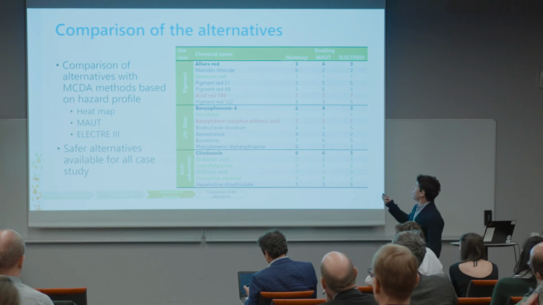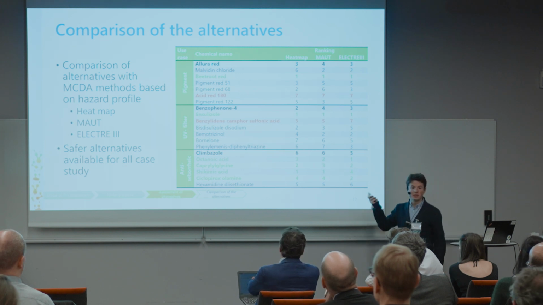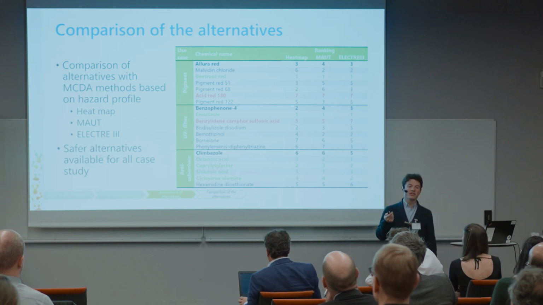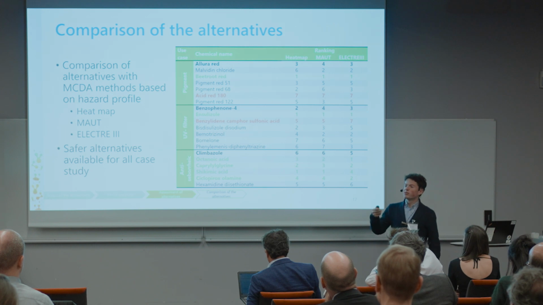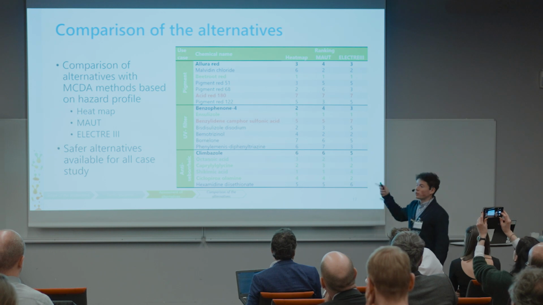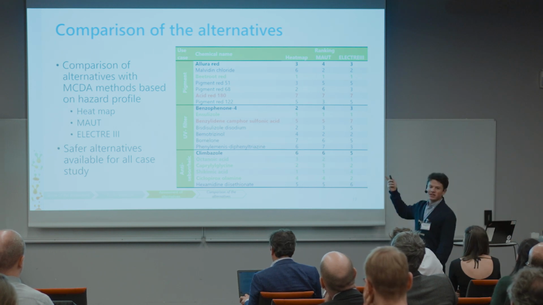And here in this table, you can see the final ranking that we got for each of these 3 methods. And we considered that an alternative was safer than the chemical of concern if it was ranked better in all 3 methods. So what you can see here, highlighted in green, is that we could find a safer alternative in each case study.